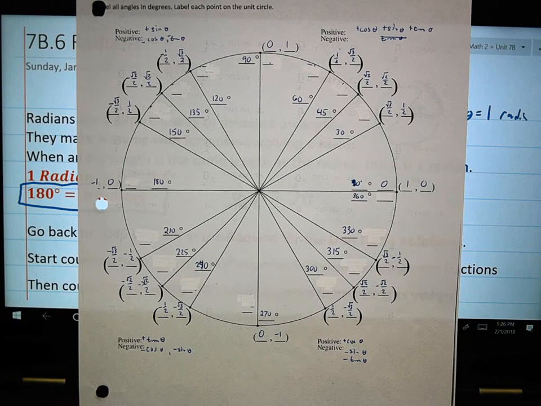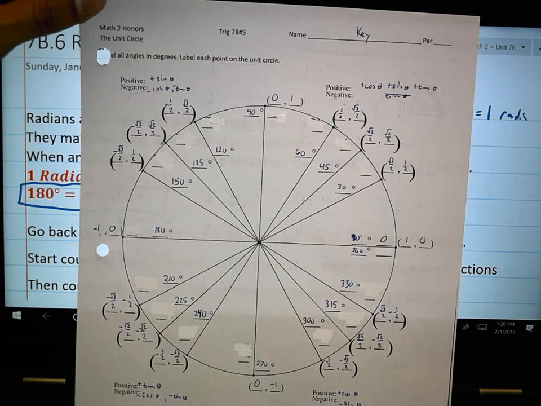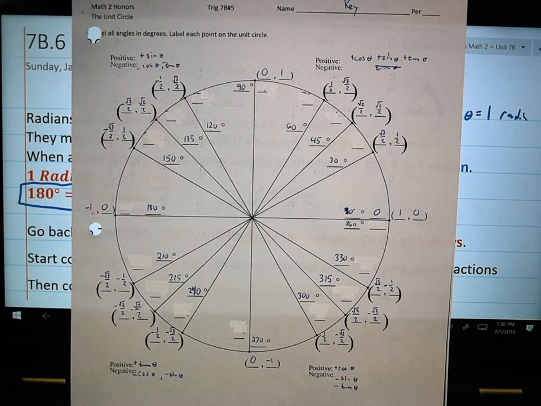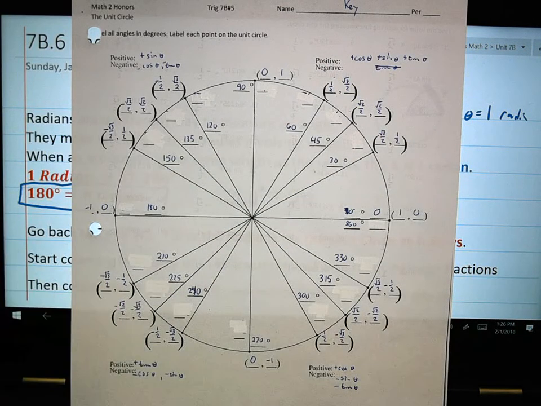What I have on the screen is my 7.5 worksheet. And what we're going to figure out is where the radians go for each of these angles. The angles are already there. The coordinates are already written in. What we skipped were the radians.